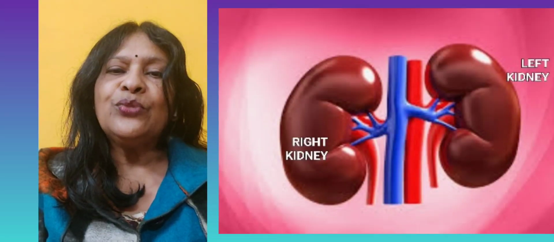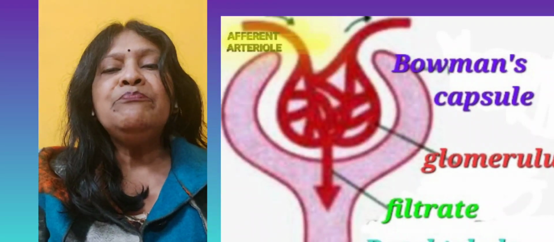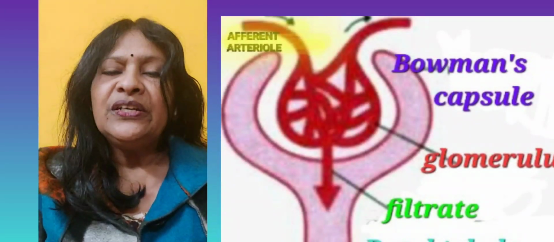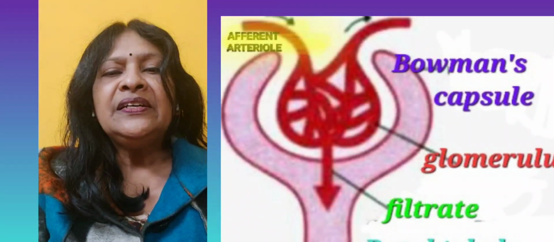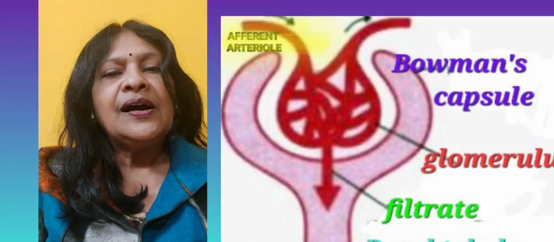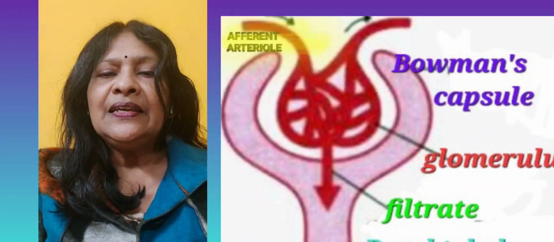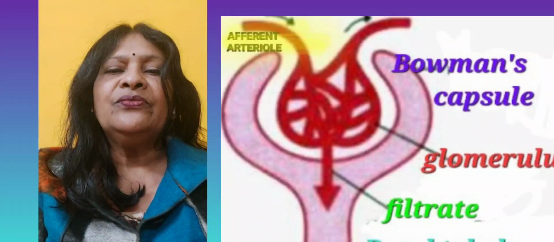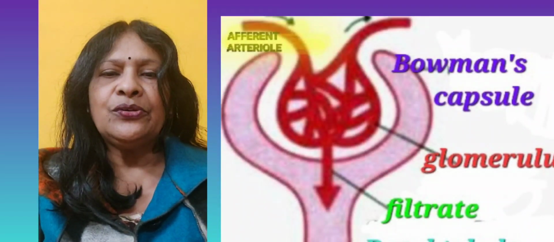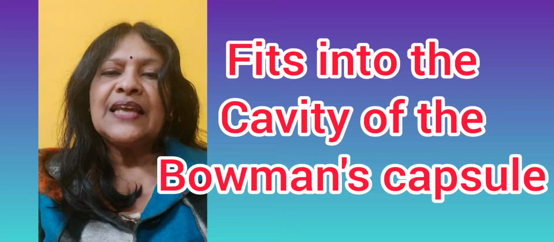And now when it has to enter into the uriniferous tubule, since each kidney has 1 million uriniferous tubules, this branches out into millions of arterioles, and these arterioles, one in each uriniferous tubule, take an entry with the name of afferent arteriole, and that goes and fits into the cavity of the Bowman's capsule.